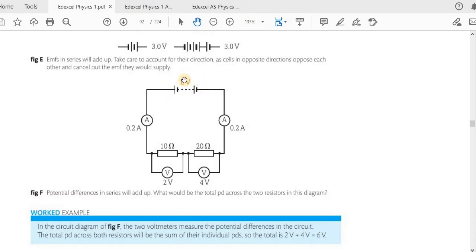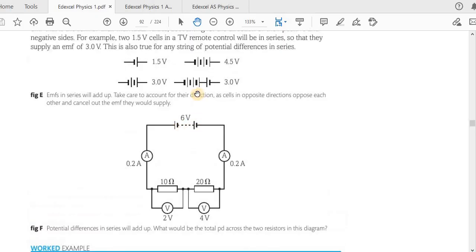So here you can see this is a battery. This dashed line indicates that there is a number of cells from here to here. So we can say, maybe, if each of these is 1.5, then 1.5 times 4 will give you 6 volts.